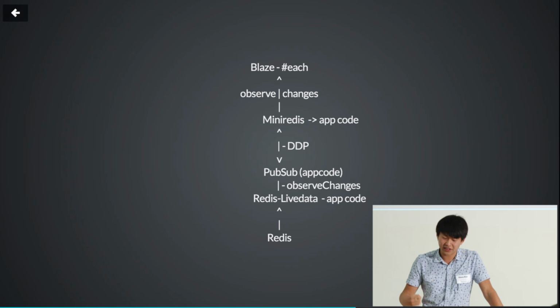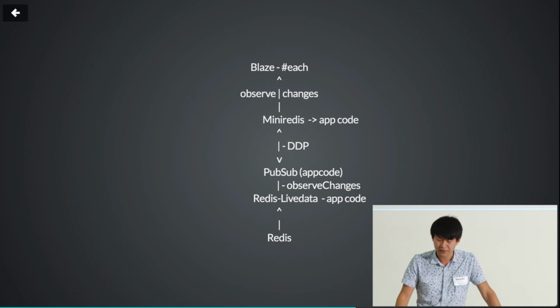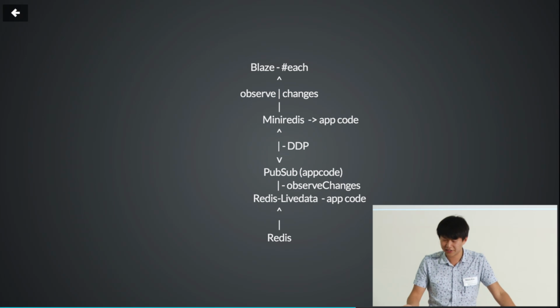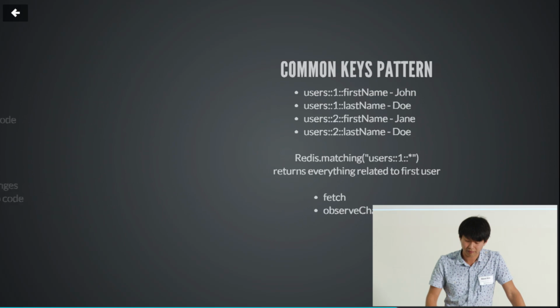And mini-Redis is connected with DDP over the WebSocket, and you implement PubSub logic in your app code. And publications are also implemented by observe changes, but now on the server side. And that's where it works, like it works in Redis Live Data on the server part. Also, some pieces of your application code can use observe changes. And it all comes from Redis key space identifications.